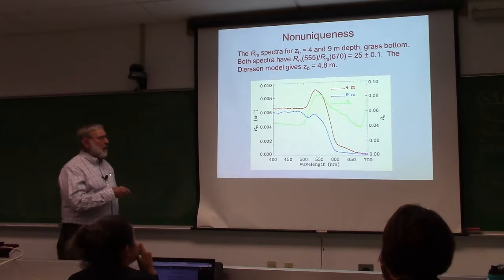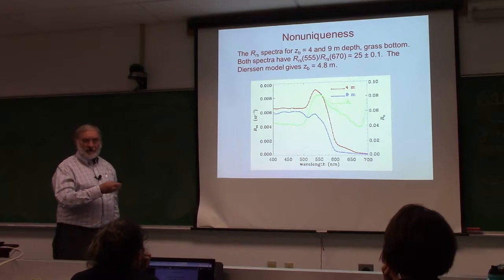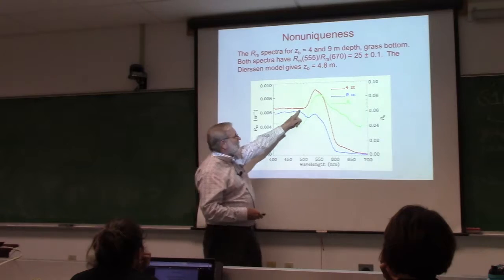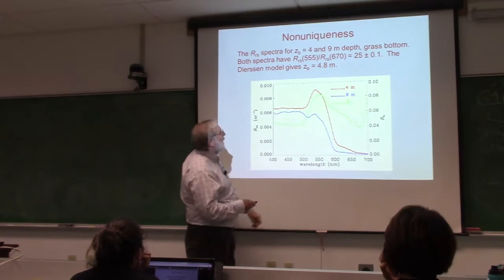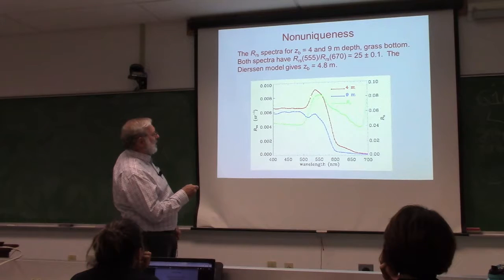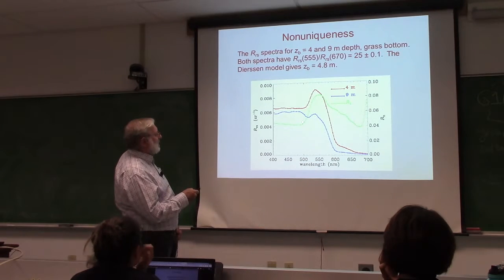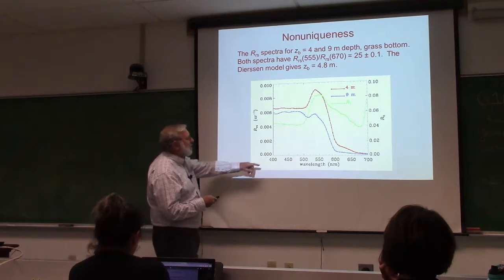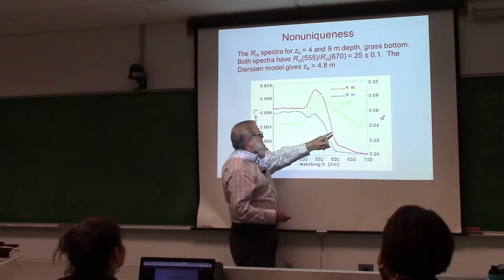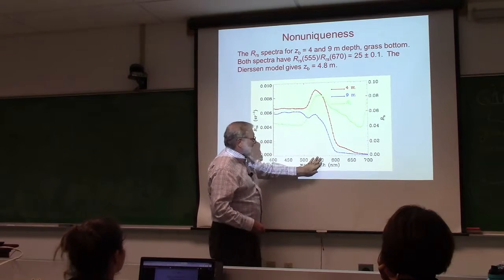So I plotted up what these Rrs spectra look like for the deep and shallow water. Okay, this must be for the grass bottom, yeah. So the green curve is the reflectance of the seagrass. Notice it's very high at 550.